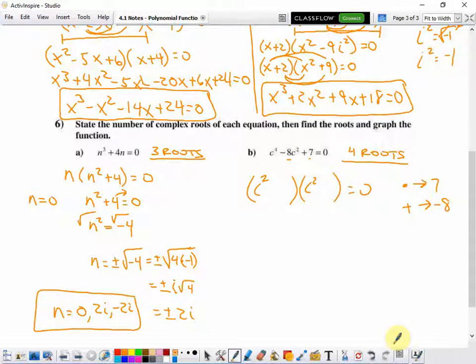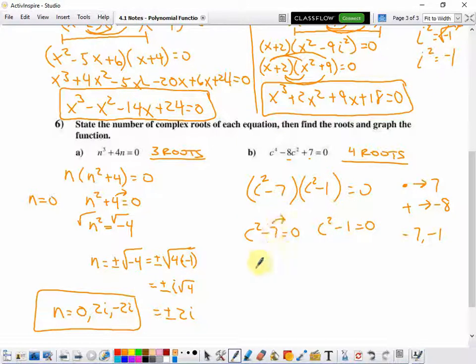Okay, so those numbers would be -7 and -1. -7 times -1 is 7, -7 plus -1 is -8. So c squared minus 7, c squared minus 1. I'm going to set this equal to 0 and set this equal to 0. C squared minus 7 equals 0. C squared minus 1 equals 0.